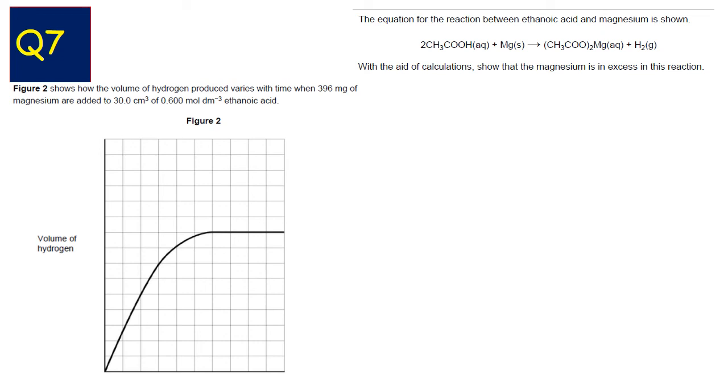Now there are many ways of approaching this, but basically we want to use the information we were given at the start. So we've got a mass of magnesium and we've got a volume and concentration of ethanoic acid, so we can work out the moles that we have of each of those, and using the ratios they react with, shown in the equation, we can see which one we have in excess.